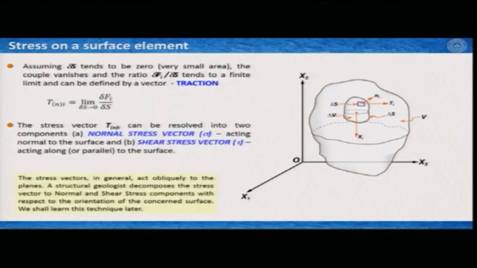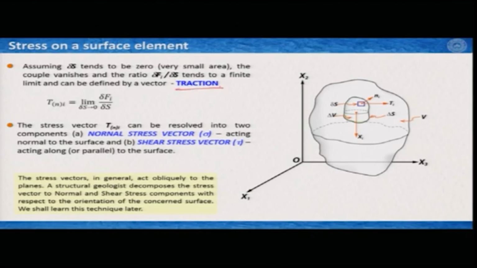So, now if we consider del S tends to 0, that means it is a very, very small area, then the couple vanishes, and the ratio, that means del F i and del S, tends to a finite limit and can be defined by a vector which is traction.